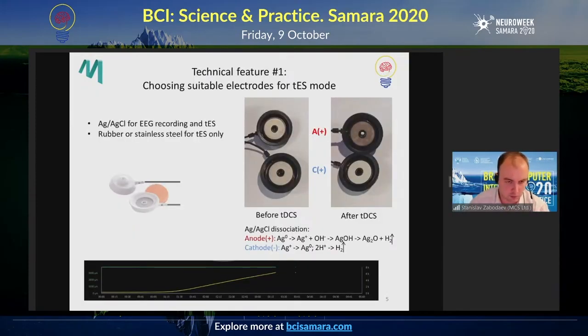Now, this is about how tES works, and now a few words about technical details, where manufacturers of both equipment and the electrodes. Let me give you more details about it. What kind of electrodes can be used for tES?